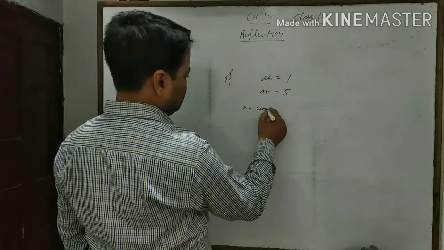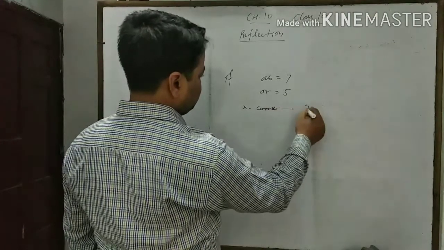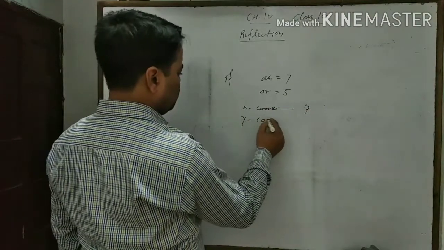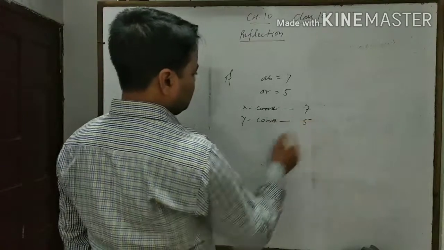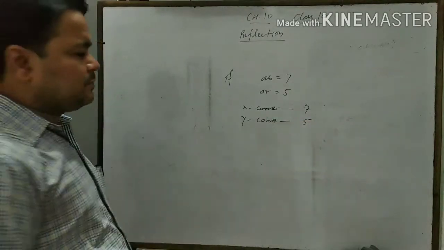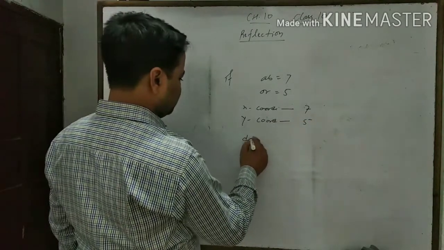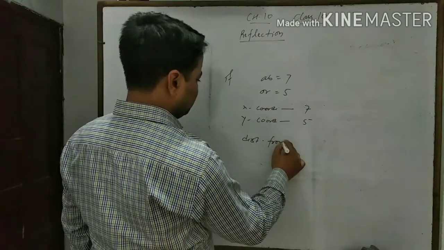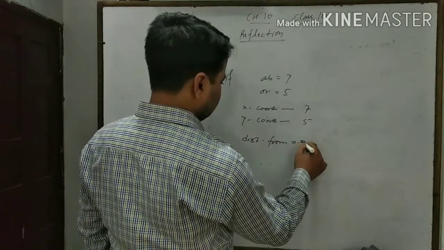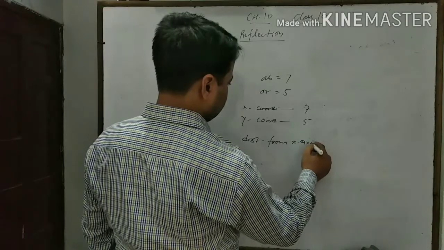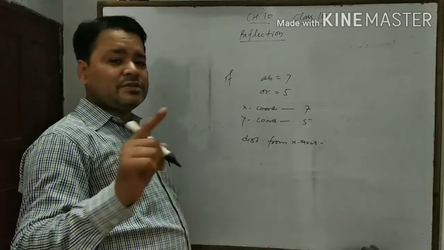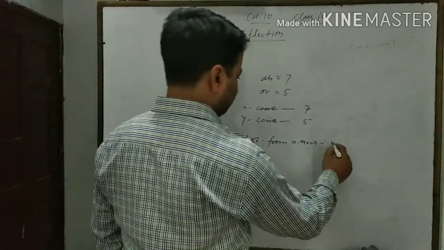The x coordinate is 7. The y coordinate is 5. Very simple. Distance from the x-axis means the value of y, that is 5.